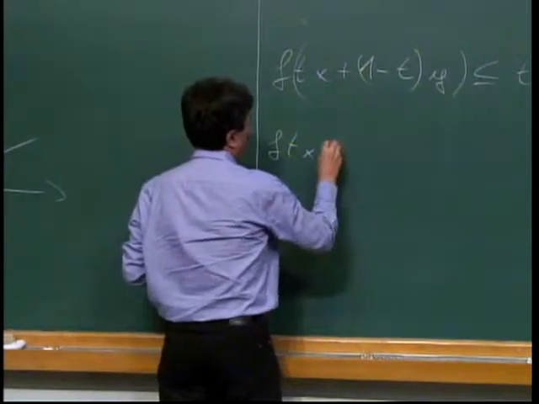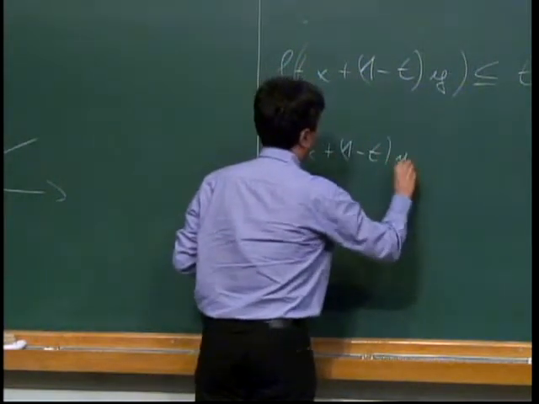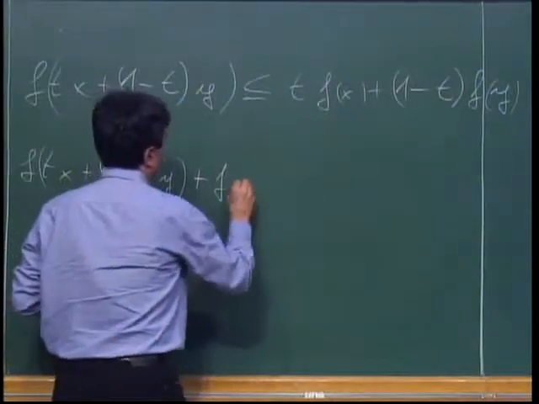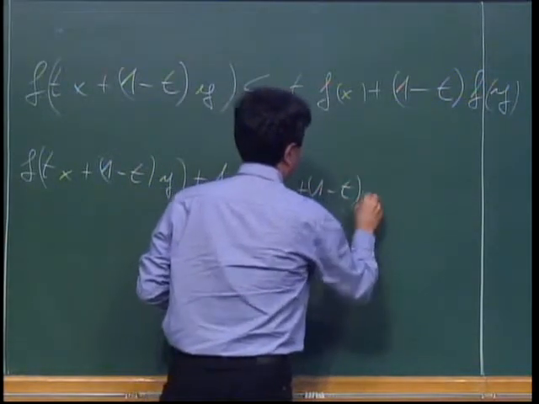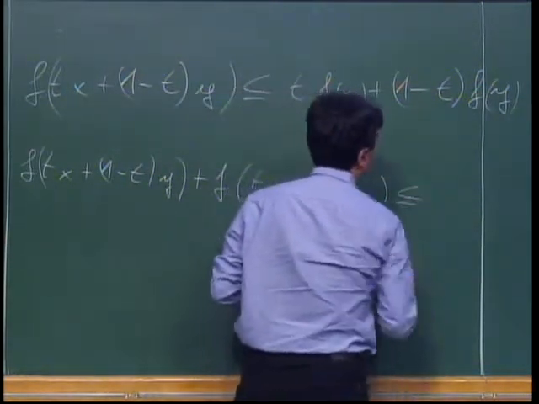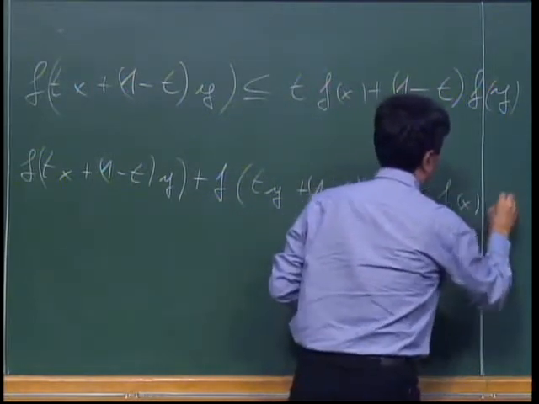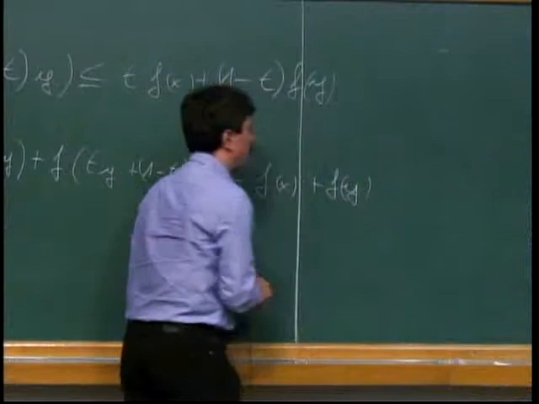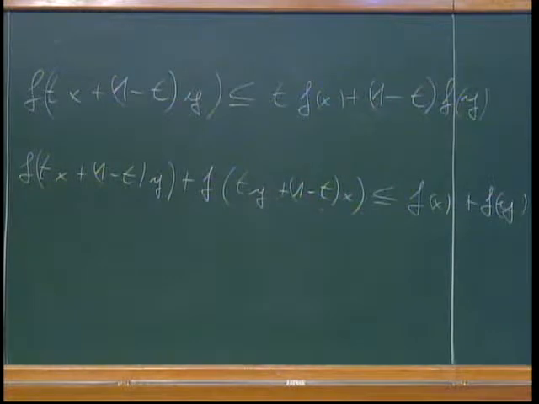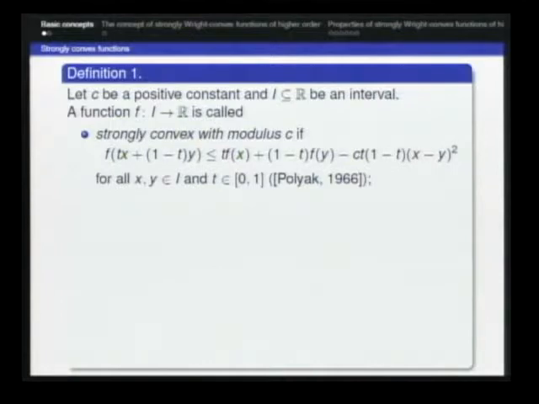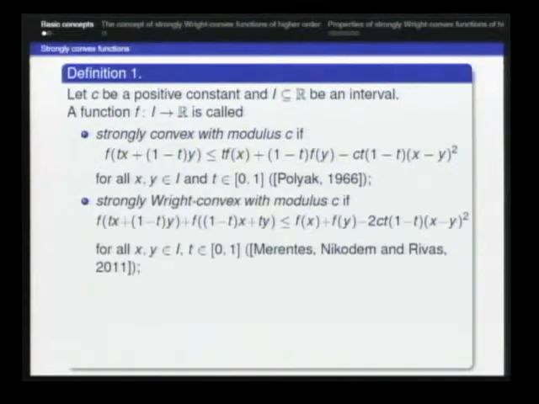That is f of t x plus (1 minus t) y plus f of t y plus (1 minus t) x is less than or equal to f of x plus f of y, which is the defining inequality of right convexity. It is easy to see that convexity implies right convexity, but it can be proved that the other direction is not valid. Using this concept, an analogous definition to the strong convexity with modulus c can be formulated.